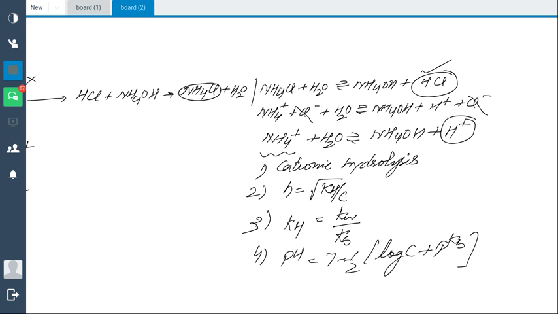Okay. Now these are the expressions which you need to remember. Yes, what is the doubt? NH4OH will not split because this is a weak base. Same way when you are talking about a basic salt, here you will be doing an anionic hydrolysis.